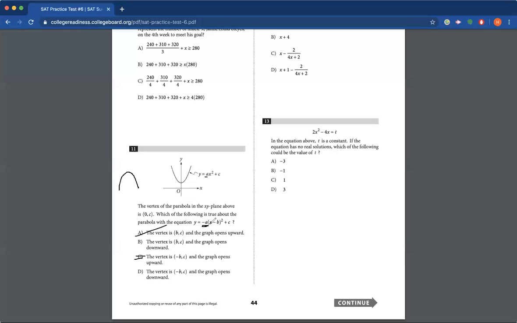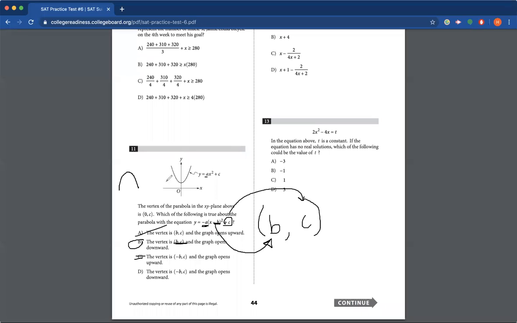It's kind of tricky, but essentially your vertex over here is b comma c. The reason is that this positive c is going to be over here, and you have to flip the sign of this b. We see it's negative b, we have to flip it so it becomes positive b. Then that will make your vertex b comma c.